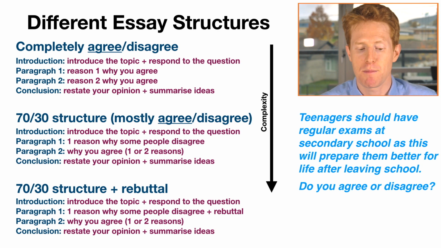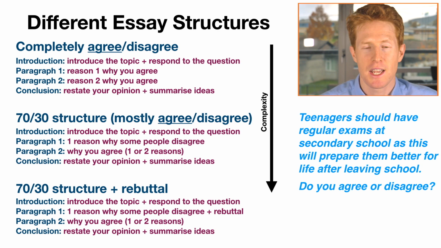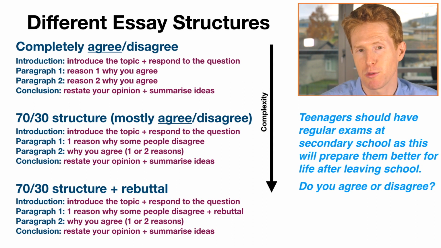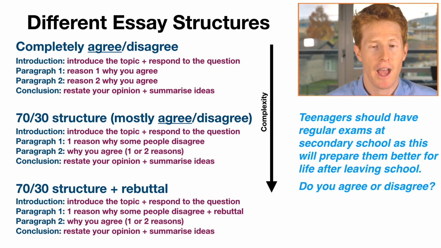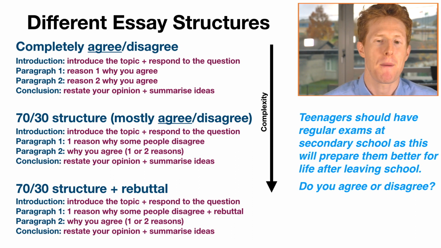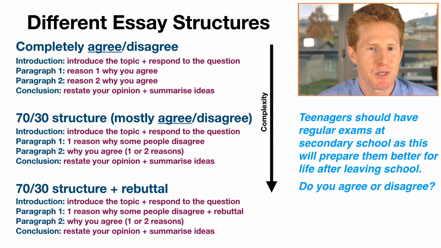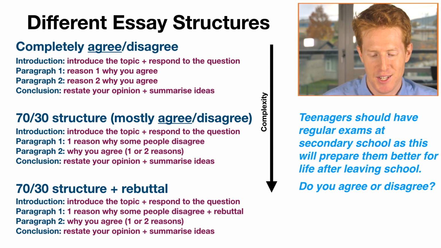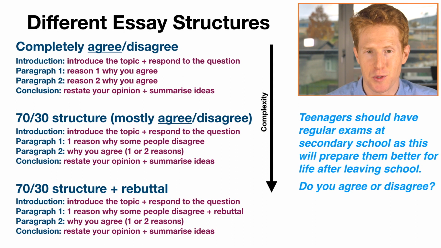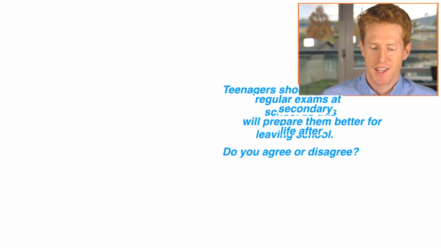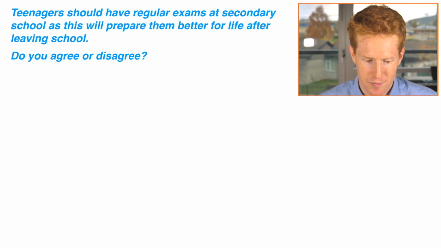So if you write a completely agree-disagree essay, it might come to about 250 words, which is the minimum amount of words you need to write. However, a 70-30 structure plus a rebuttal is going to be many more words, so you need to make sure that you have a high level of English and you can write quickly to write one of these exams in 40 minutes. Okay, so imagine we have this question.